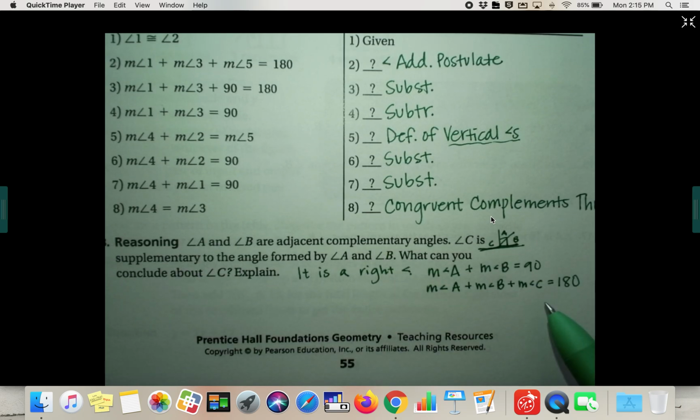Then you could substitute the 90 for this and then subtract it. So really it's the subtraction property. That is why the measure of angle C equals 90 degrees.